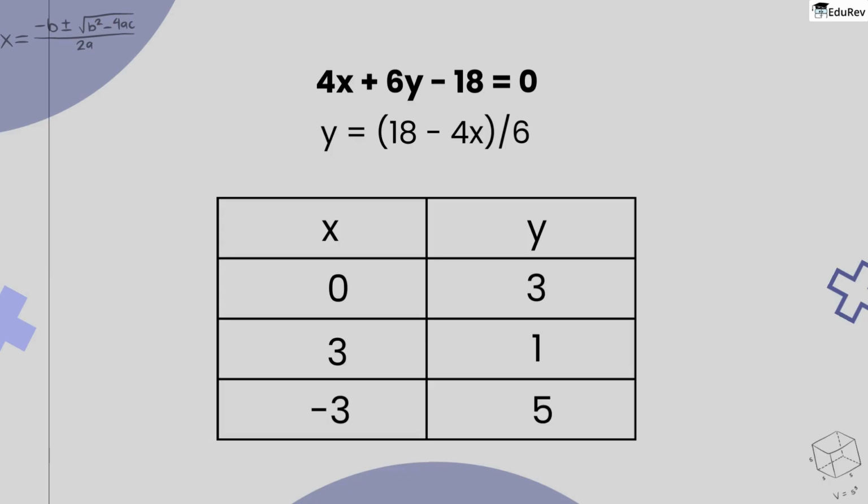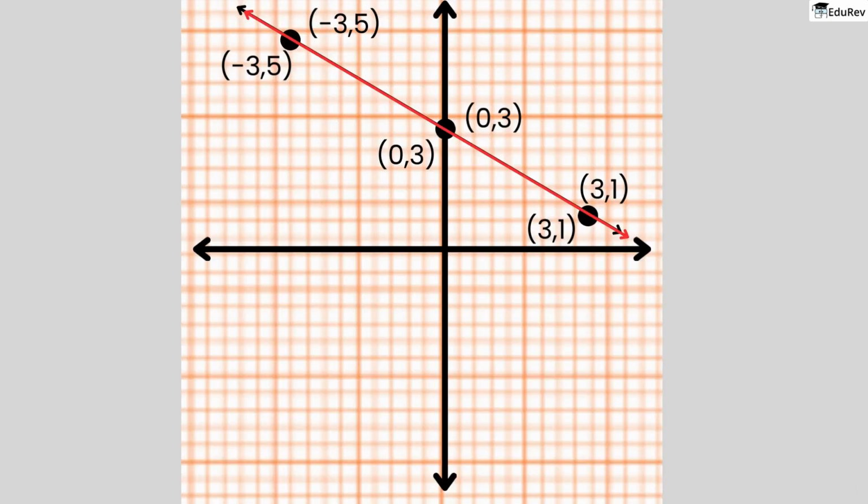The coordinates obtained are (0, 3), (3, 1) and (-3, 5). These are the same points as we obtained from the equation 2x plus 3y minus 9 equals 0. So the line formed with these points will coincide with the previous one.